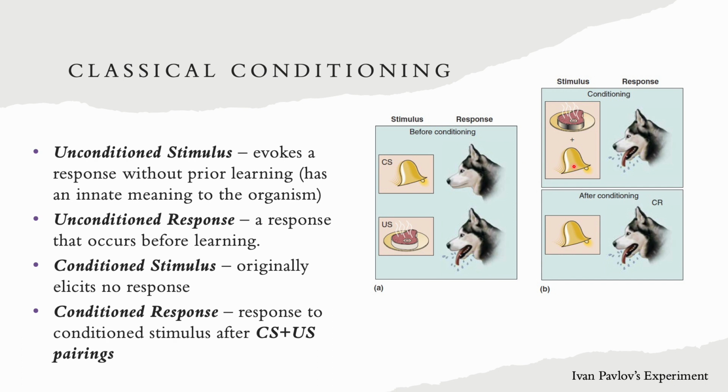When the sound of the bell was paired with presentation of red meat, this repeated pairing induced a conditioned response, in which the dog would now respond to the sound of a bell by salivating because it anticipated the reward of food. This is a classic example of classical conditioning. Now next we're going to talk about classical conditioning in the context of the Aplysia californica.